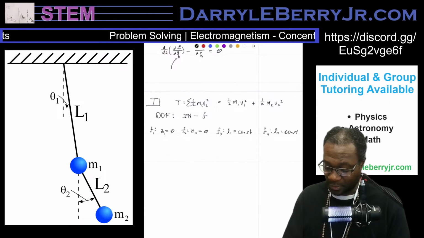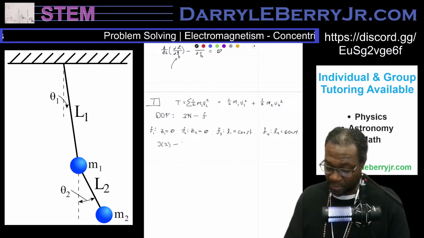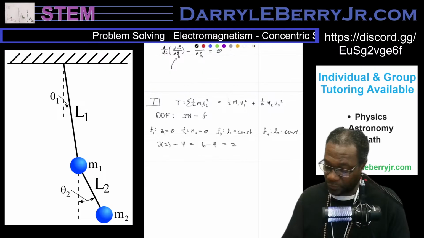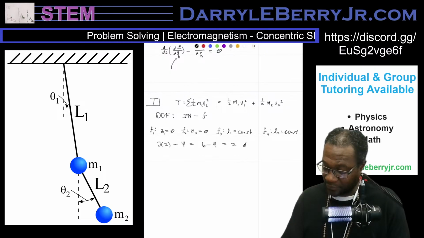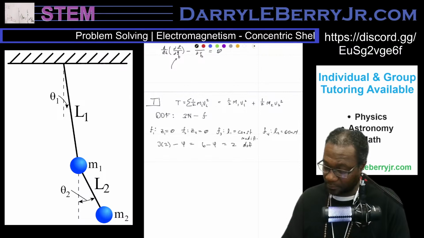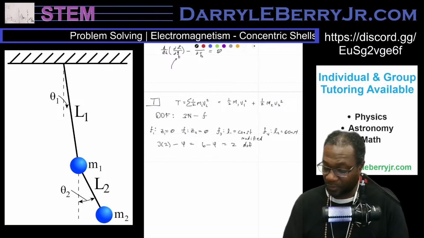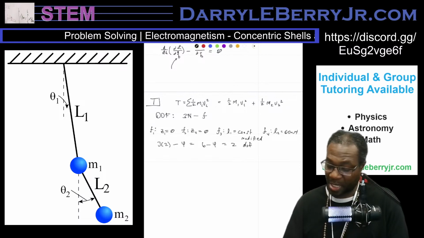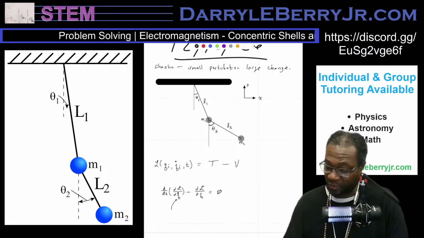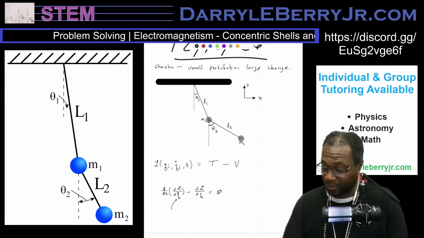So we can say 3 times 2 is 6, minus 4 is 2. So we have 2 modified degrees of freedom that we can utilize to simplify this problem. It is easier to see what those degrees of freedom will be, theta 1 and theta 2.